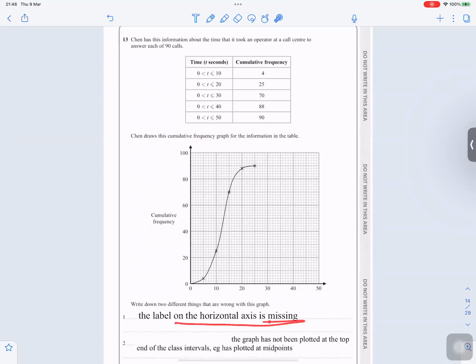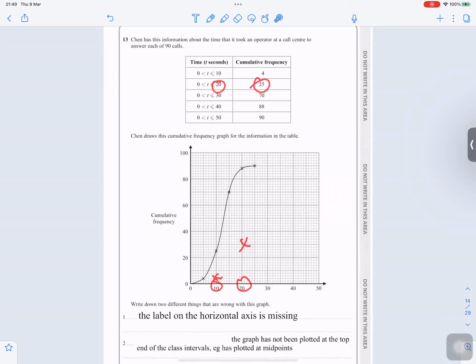The label on the horizontal axis is missing, which should be the time. It should be the time in seconds. The graph has not been plotted at the top end of the class intervals. It has been plotted at the midpoints. So we should have 10, 4. It should be 10 and 4. 20 and 25.